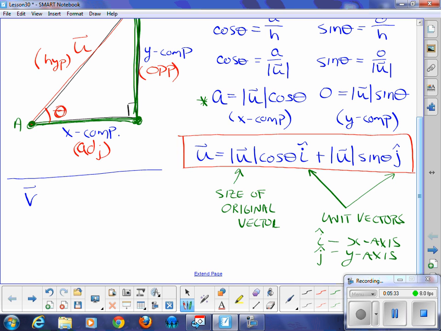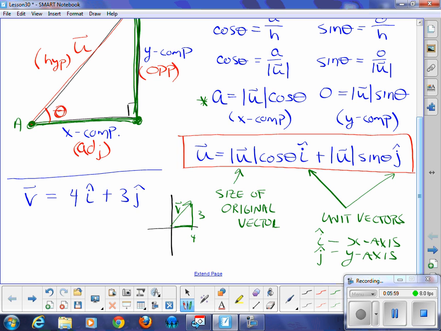What happens if I tell you that the vector v is equal to 4i plus 3j? That means that if I go 4 units along the x-axis, and then go 3 units up the y-axis, there is the vector v that I was talking about.